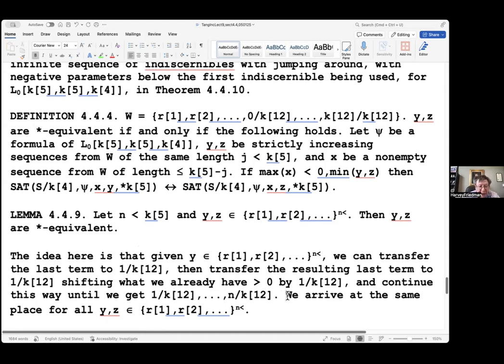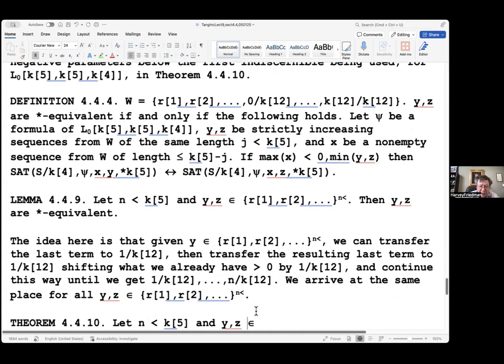And we arrive at the same place for all Y and Z. We could start with different Y and Z, the same X parameters, and then push Y up to 1 over K12 through n over K12, and also push Z up to the same thing. So therefore, we have equivalence. So that's why that holds.